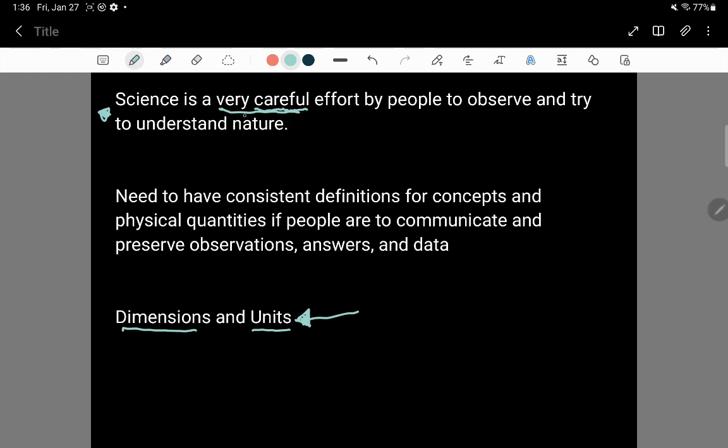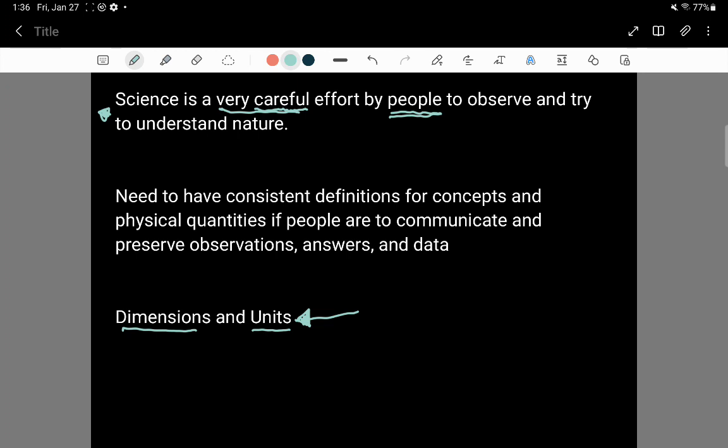Another reason that I underline very careful is different people from different countries need to be able to talk to each other about their ideas and observations and outcomes of experiments, right?